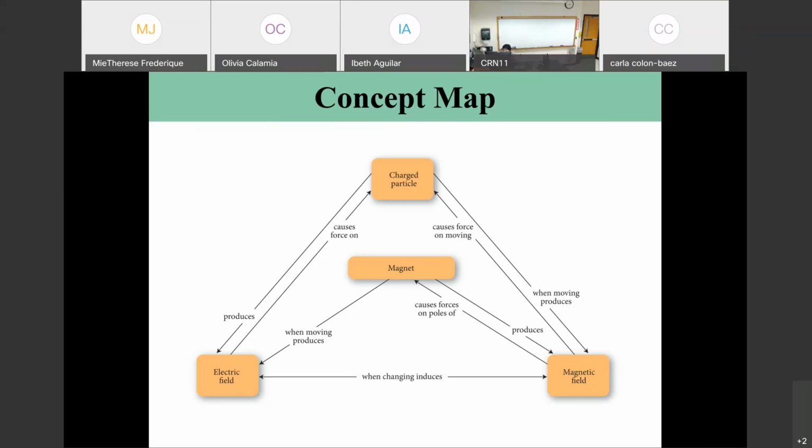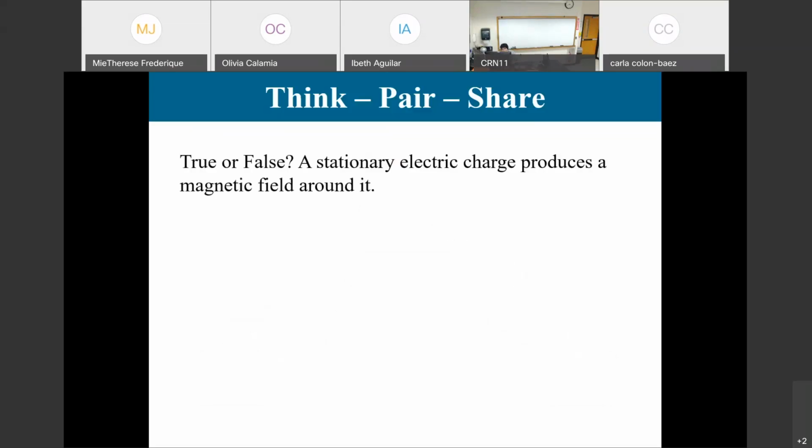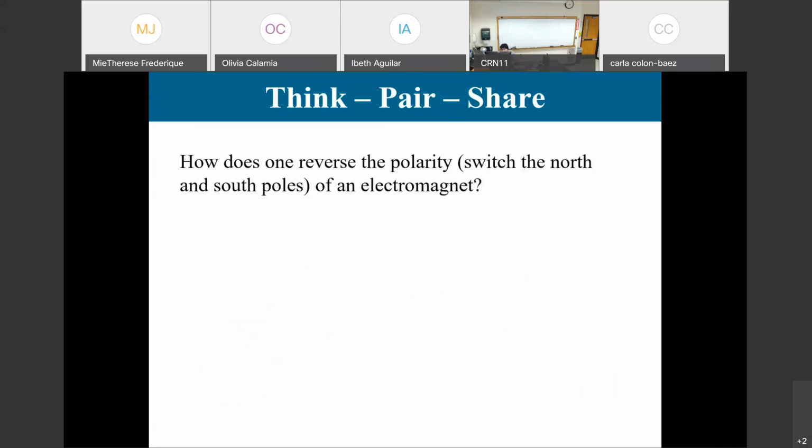An example would be a particle accelerator, a cyclotron, going in a circular orbit. It happens due to an external magnetic field that is giving the particle a force. A stationary electric charge does not produce a magnetic field, only a moving charge.